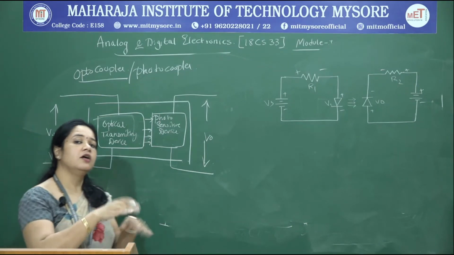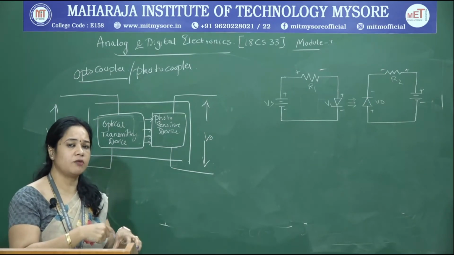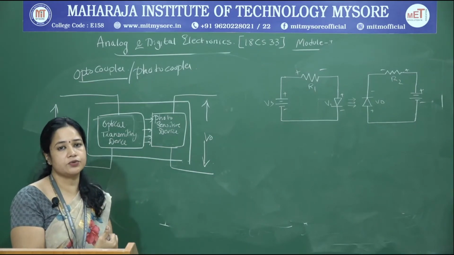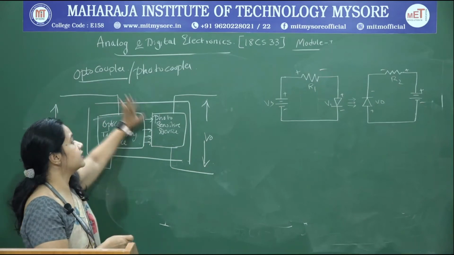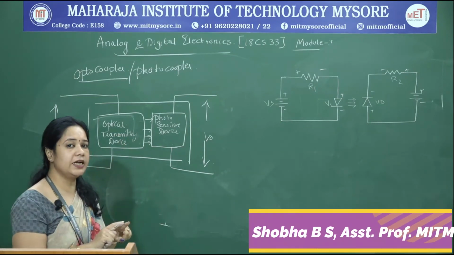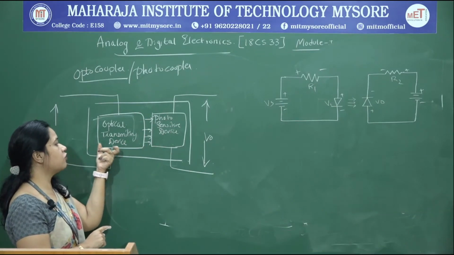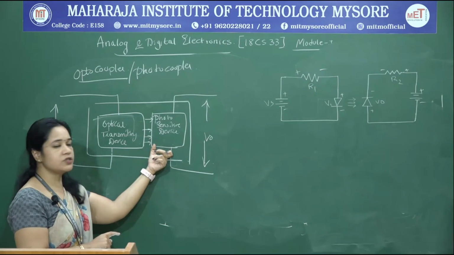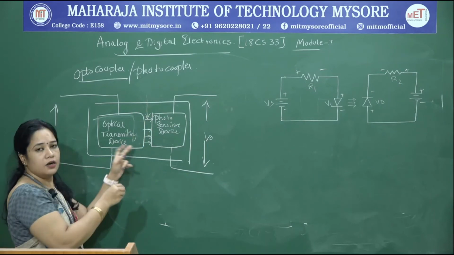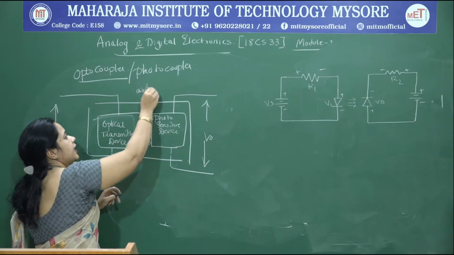If you are to couple signals from one part of the circuit to another in a very noisy environment, you don't want the noise to be picked up by the circuit. In such cases we have what is called an optocoupler or photocoupler. These devices come as a sealed unit, which comprises an optical transmitting device and a photosensitive device, brought together by some sort of coupling, where the transmitting medium is either air or some dielectric.